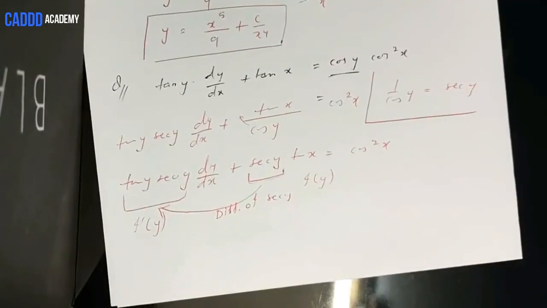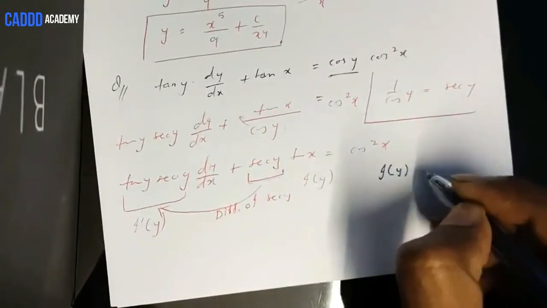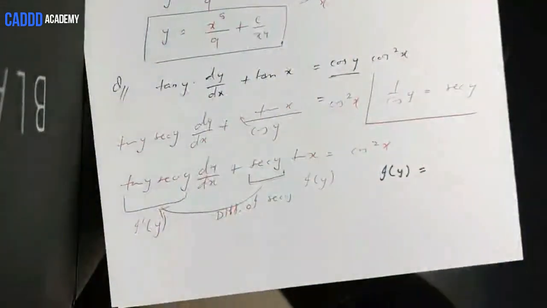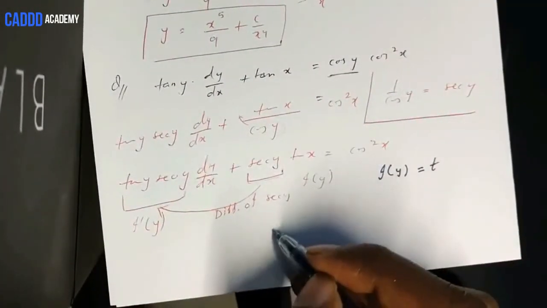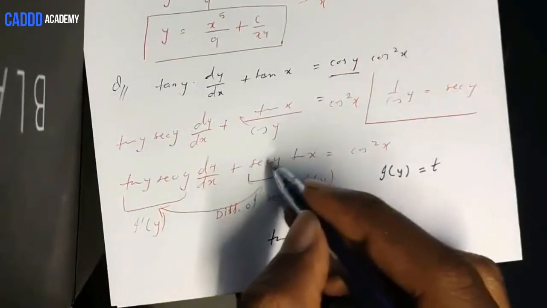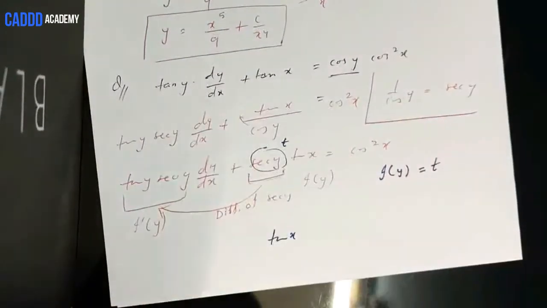After getting up to this, what we have to do is put f of y equal to t. So tan x, this thing, we have to put the value as t.